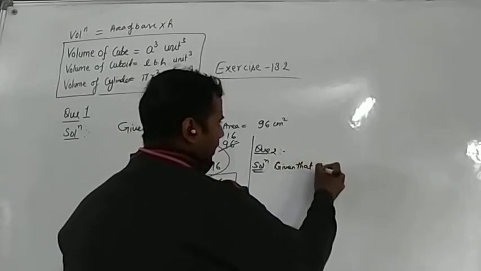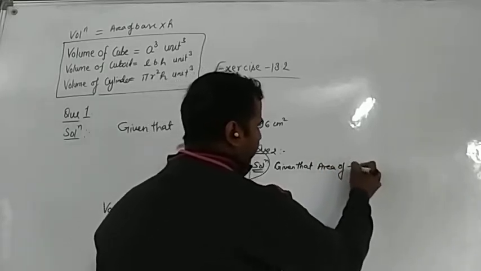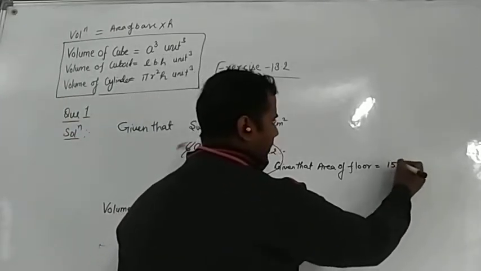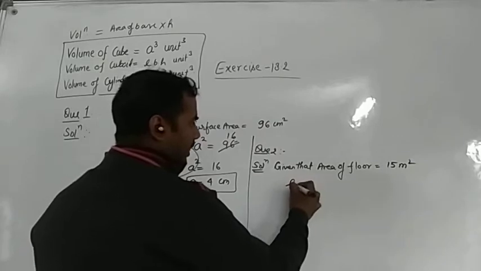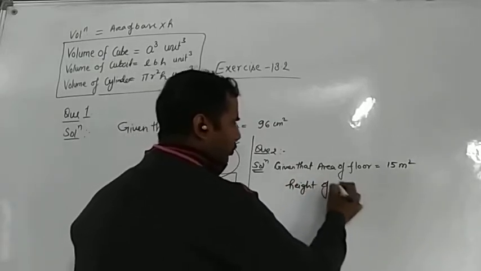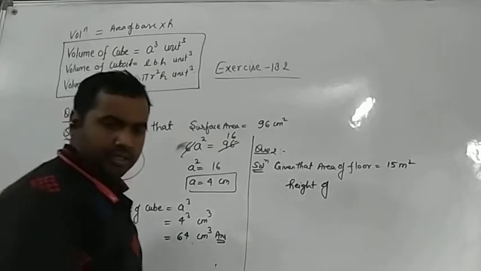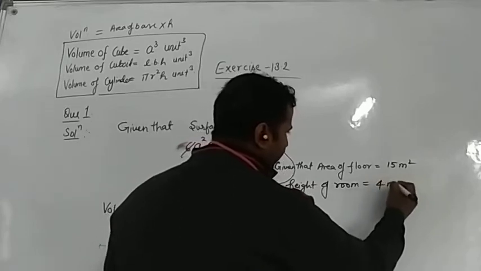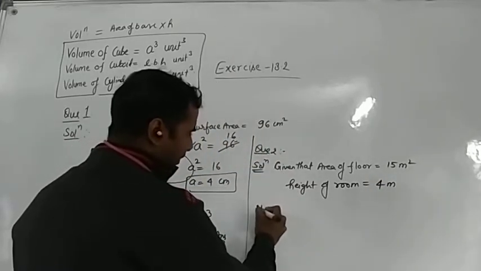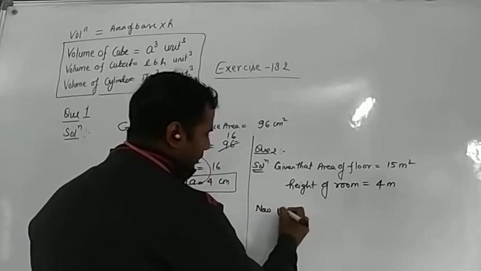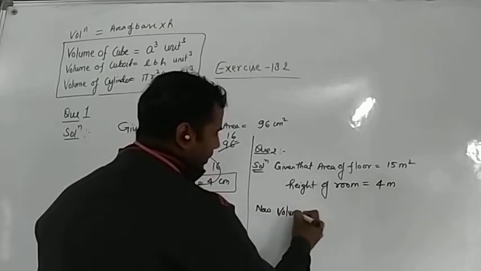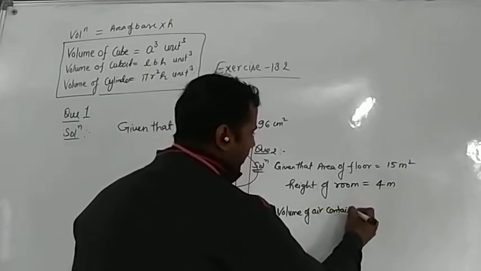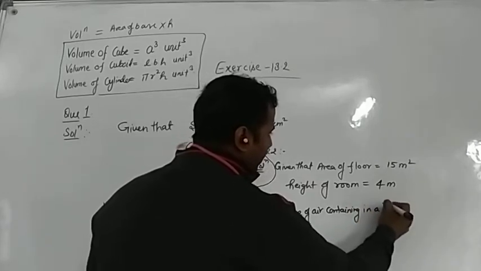Question number 2 says, given that area of floor is equal to 15 meter square and height of room is equal to 4 meter. Now find volume of air contained in the room.